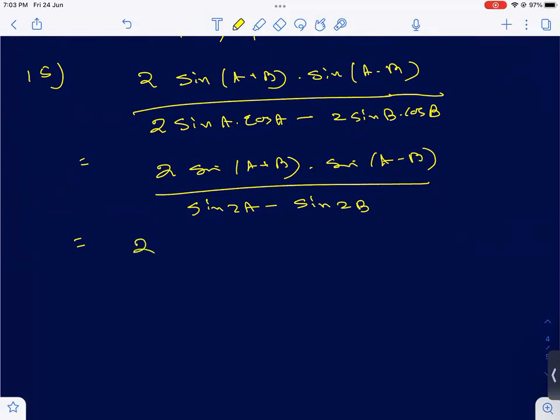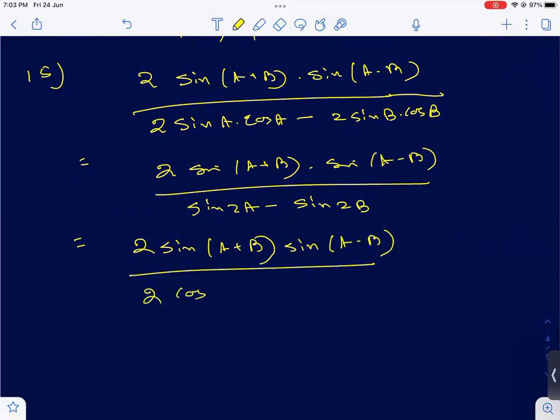I am writing in detail: sin A plus B, sin A minus B in the numerator, and in the denominator 2 cos A plus B into sin A minus B. Sin A minus B is getting cancelled, and we are getting tan A plus B. So 15 is the P.